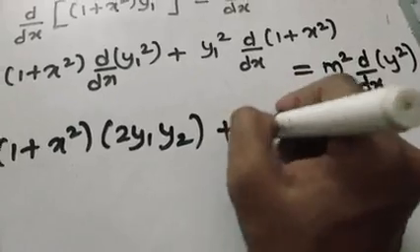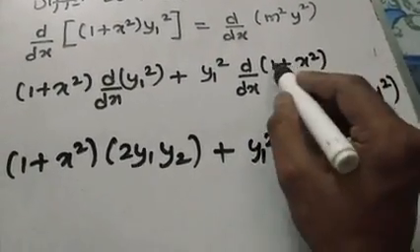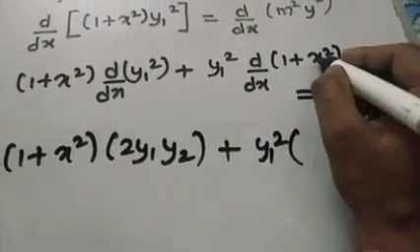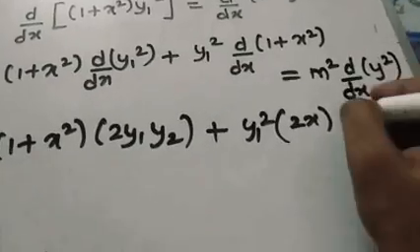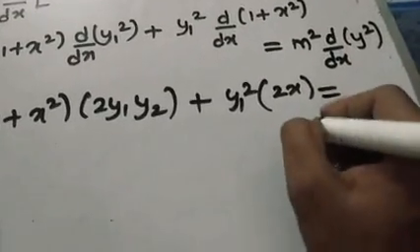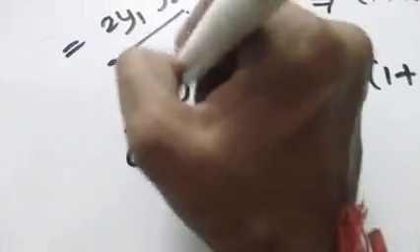This side y1 square, d/dx of 1 plus x square, d/dx of 1 is 0, d/dx of x square is 2x, so finally 2x. This side m square y square derivative 2y. Now see here, what was there, d/dx of y square, right?